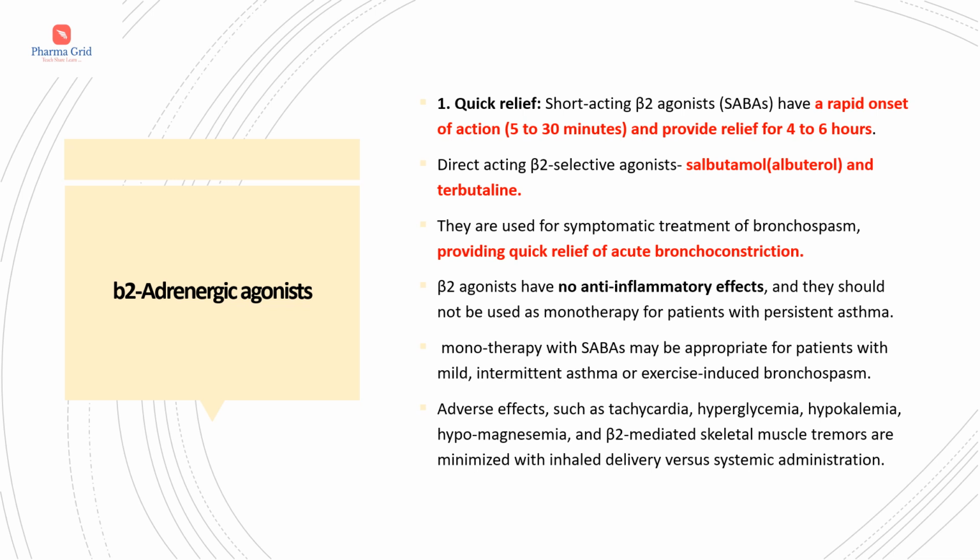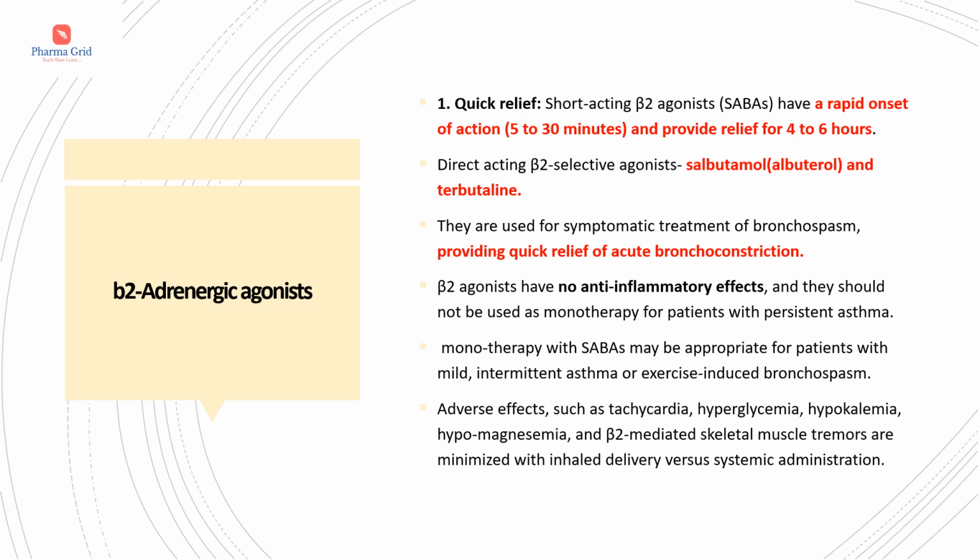Monotherapy with a short-acting beta-2 agonist may be appropriate for patients with mild, intermittent asthma or exercise-induced bronchospasm. Adverse effects such as tachycardia, hyperglycemia, hypokalemia, hypomagnesemia, and beta-2 mediated skeletal muscle tremors are minimized with inhaled delivery versus systemic administration.